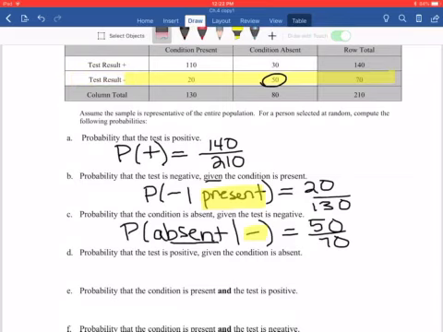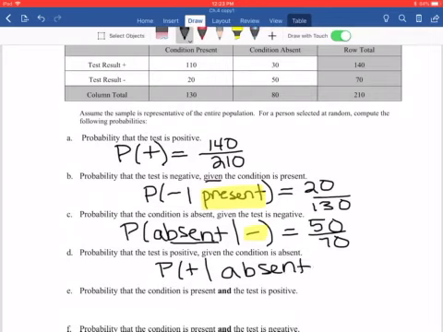Okay. Let's see if I can erase that. Now let's look at part D, the probability that the test is positive given the condition is absent. So this is a little bit different than the one before. Now the given part is absent.